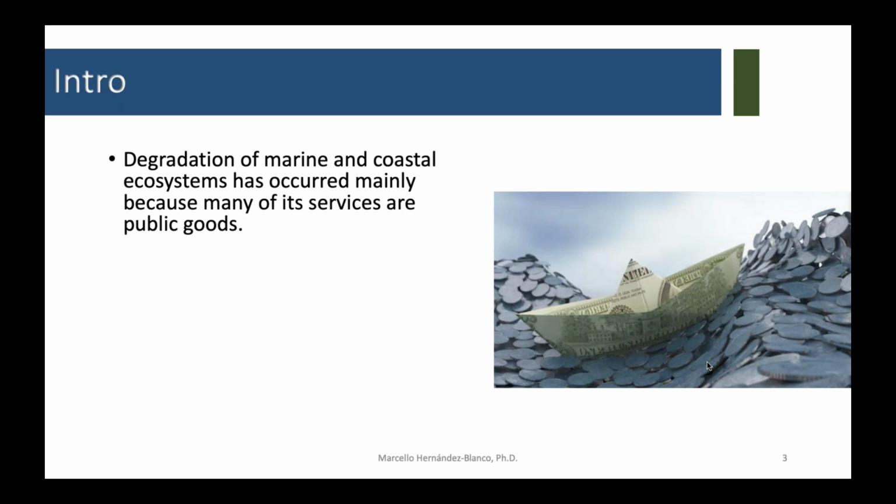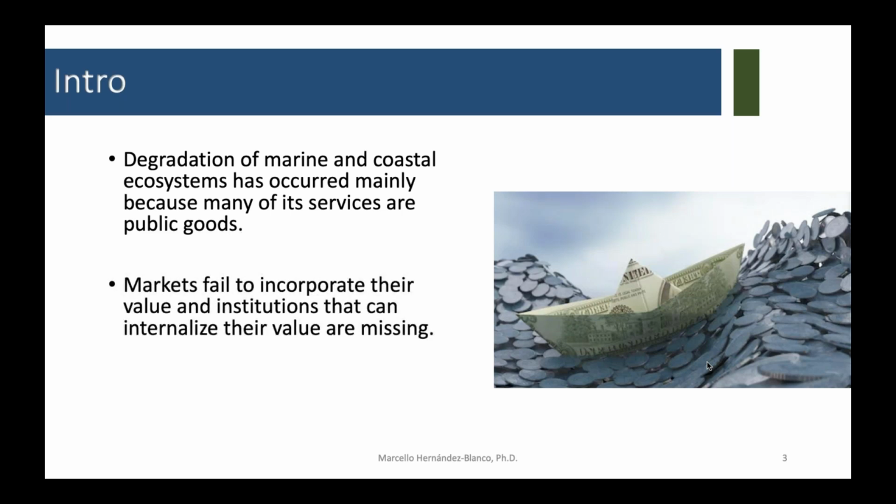As in many parts of the world currently, degradation in these ecosystems is happening at different rates, some parts highly accelerated. Some of the causes of this is that many of these ecosystems and their services are public goods, so their management sometimes is not very clear or presents specific challenges that we're going to talk about in a minute.